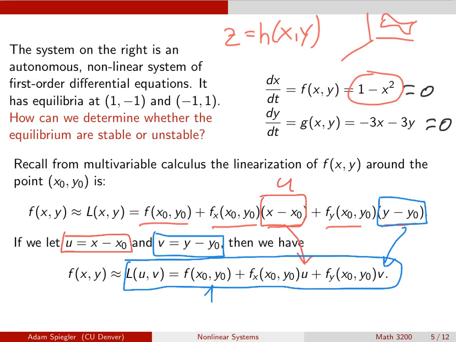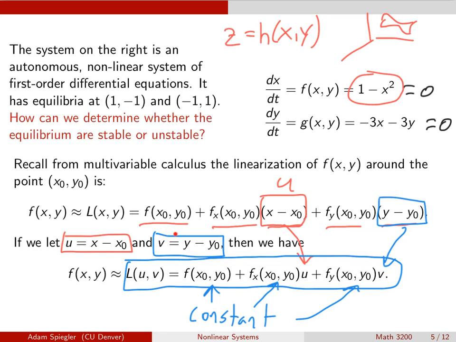When we evaluate the function at a particular point, we're going to get a constant. The derivatives are going to give me constant values. So what's going to be left is some linear equation in terms of these new variables u and v. And this is what we're calling the linearization. You can think about this variable u as telling us how far away we are from x0.